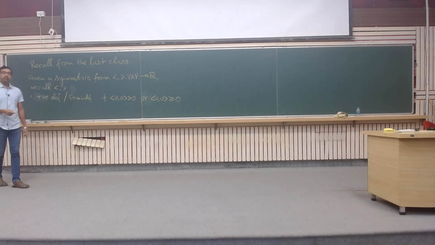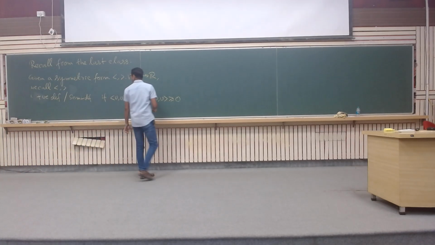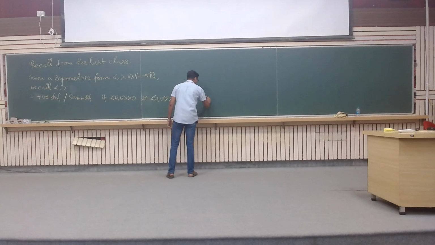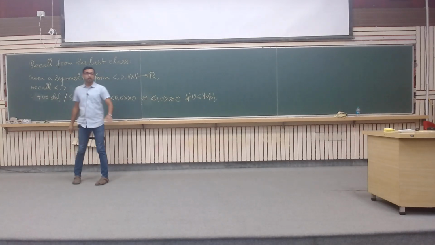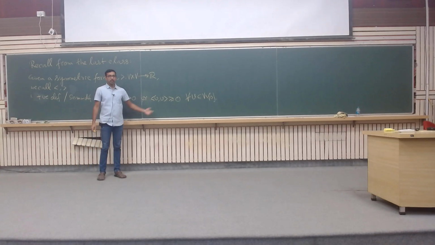So for all v in V minus 0, because we saw that if it is in particular 0, this should be equal to 0, right?